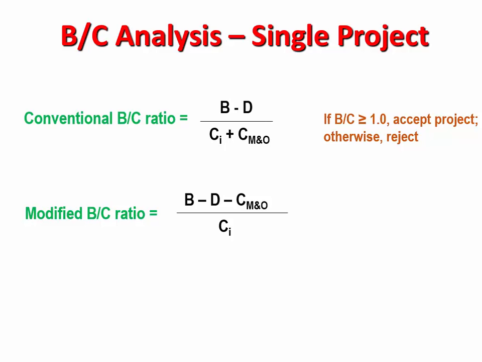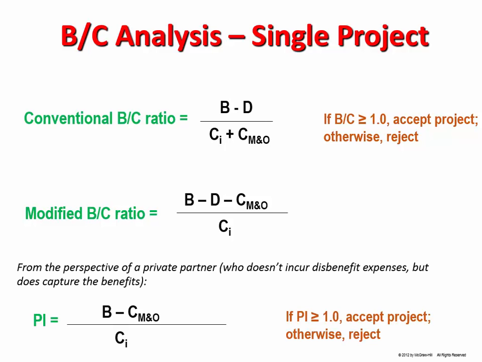If you have a partnership with a private company, they have the position of not being so concerned about the disbenefits. You know, the private construction company that builds an airport, for example, isn't suffering from the extra noise. They're not suffering from delay of people who are trying to drive through a construction zone.